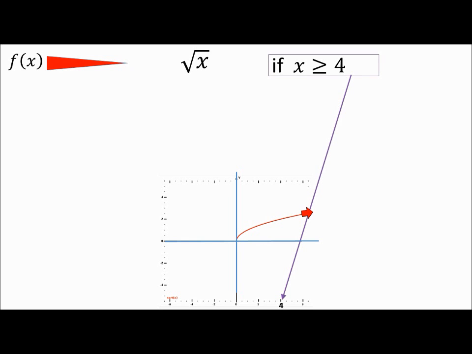That will define an interval that starts at 4 and goes to the right, as indicated here. One more time, because of this interval, everything outside it has to be erased and deleted, and we will only keep that part of the function, square root of x, that corresponds to that interval. And with this process, we have found our third piece.